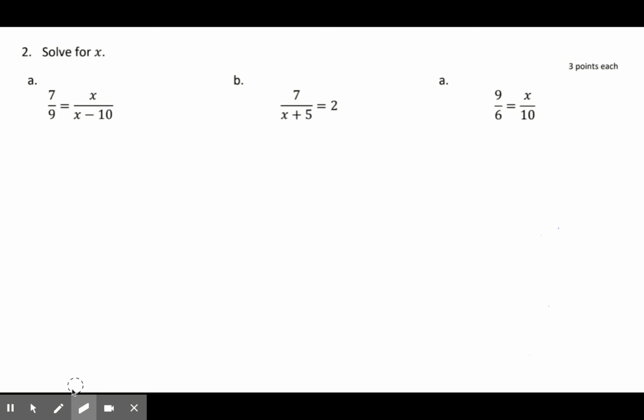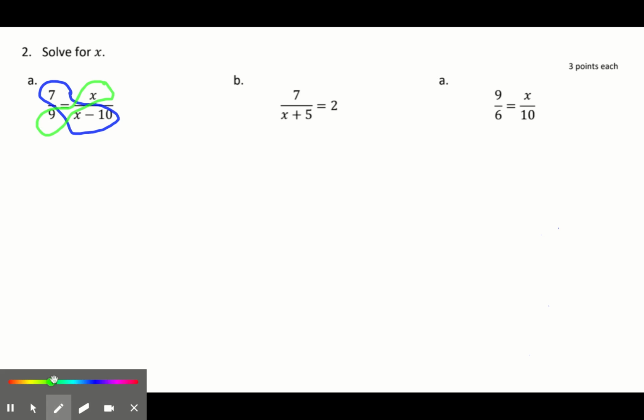Okay, here for all of these you want to use the cross multiply method. You multiply the top and bottom together, and then these top and bottom.